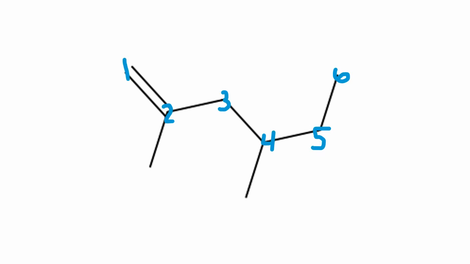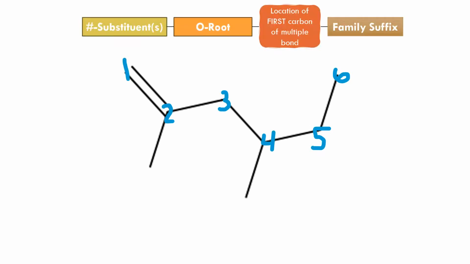Now we're going to build its name based on our naming steps. So I can see that I have 6 carbons, so that root would be hex, and then I have a double bond, so the family suffix will be ene, and we are going to interrupt that name hexene with the location of that first carbon of the double bond, which happens to be on carbon 1. So far this would give us the name hex-1-ene.